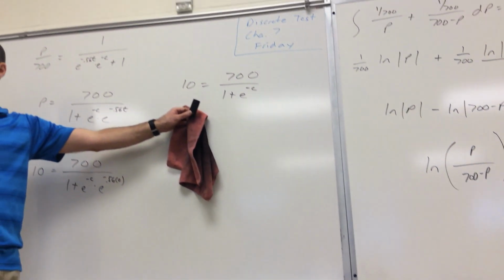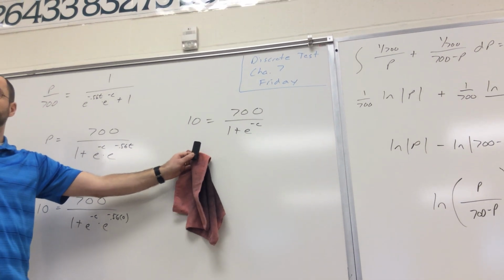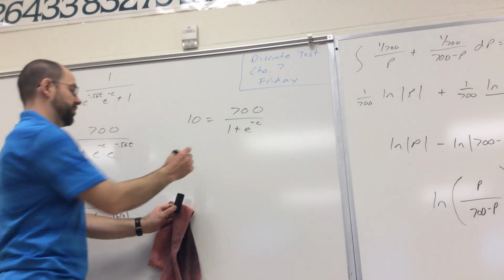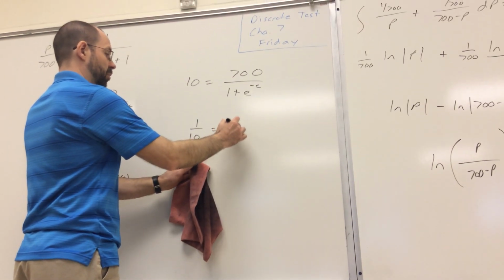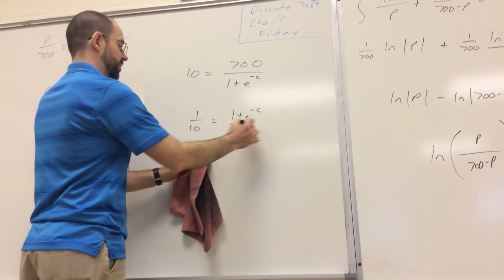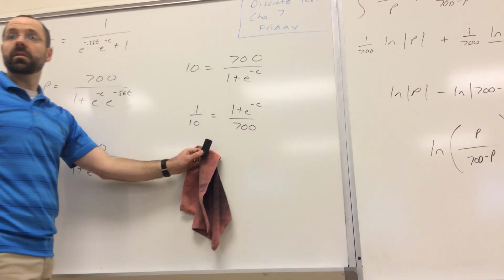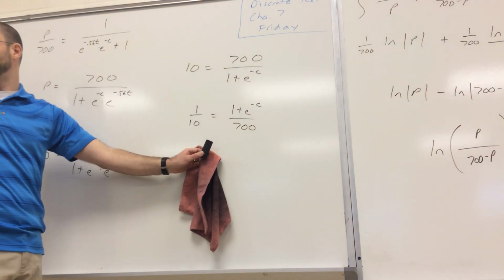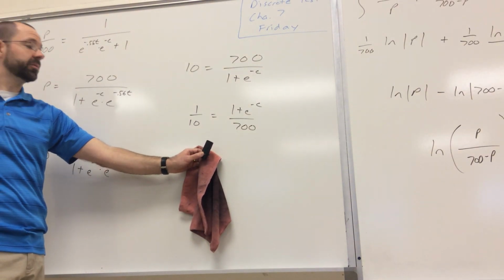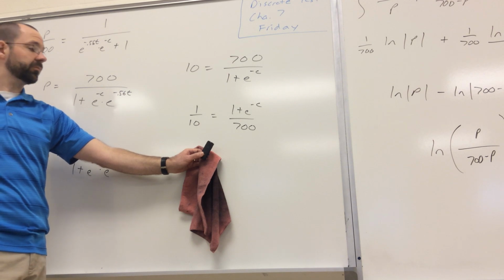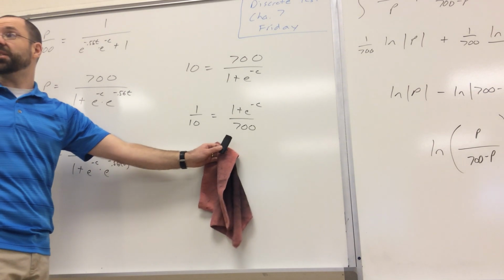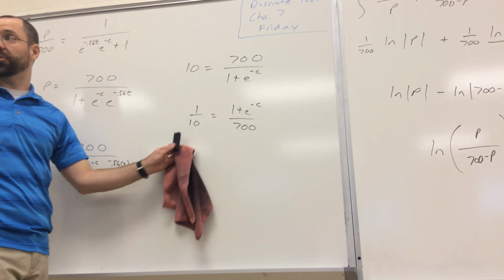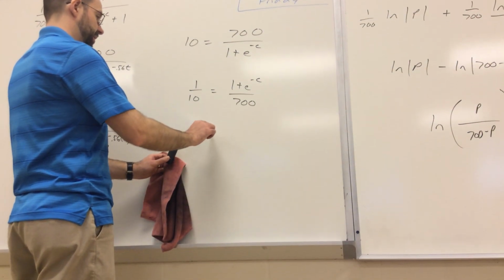Everybody good to this stage now? Okay, now I'm going to flip both sides again. So 1/10 equals 1 plus e to the negative c over 700. Because I'm trying to solve for e to the negative c now. Now I'm going to multiply 700 times 1/10 to clear that. That's 70.